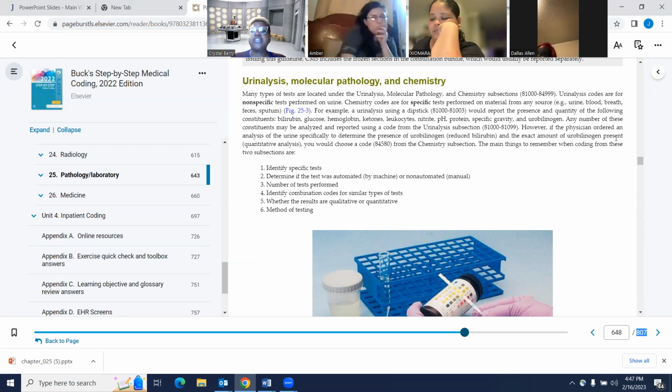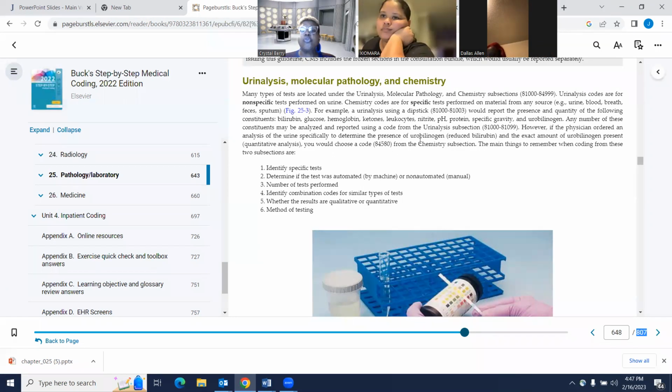However, if the physician ordered an analysis of the urine specifically to determine the presence of urobilinogen, reduced bilirubin, and the exact number of urobilinogen present, qualitative analysis, you would choose code 84580 from the chemistry subsection.